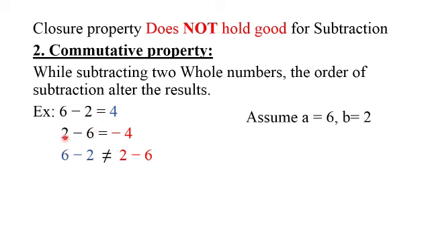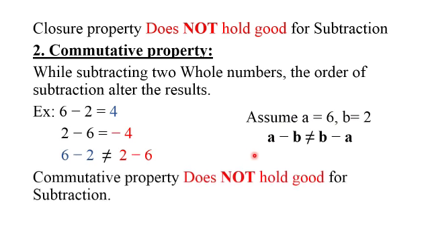When you subtract 2 minus 6, your answer will have a negative sign, and the answer will be minus 4. Think about whether 4 and minus 4 are the same or not. Not the same, that is, not equal. So 6 minus 2 and 2 minus 6 are not equal, that is, A minus B is not equal to B minus A. So students, the commutative property also does not hold for subtraction, since it is not equal.